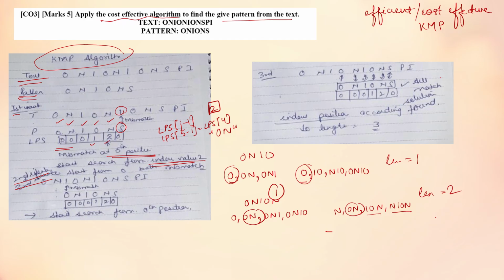Now, when we see here IO, there's a mismatch. When there's a mismatch, a full match of the text will be starting at index 3, ONIS. So basically the comparison will resume against the third letter.